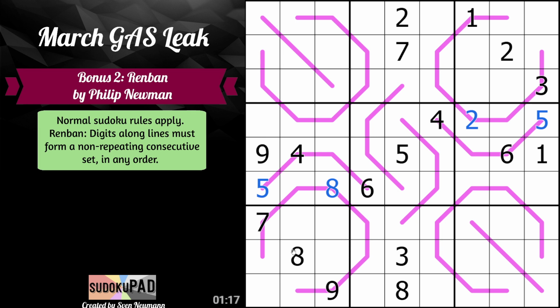Then here we need 1, 9, 4, 6. Well, we know this is 4, 6, and if that's the case, the 4 must have the 1, and the 6 must have the 9.